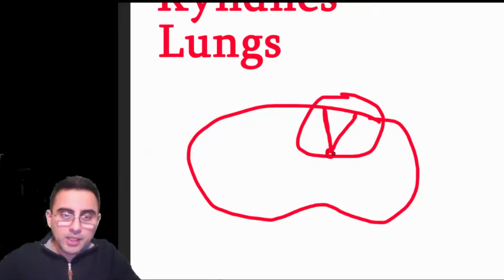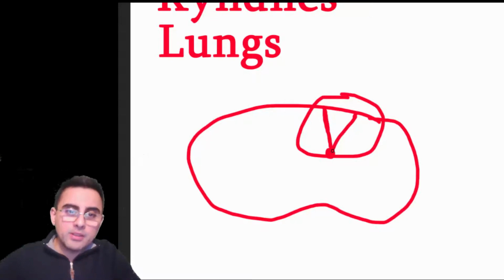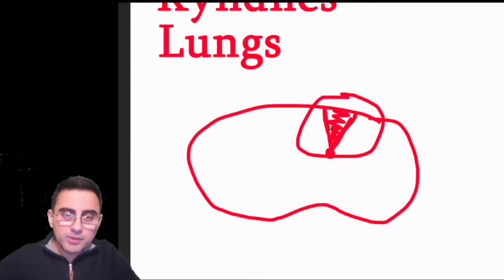Here will be emboli or thrombi, and this is the infarction site. Wedge shape, very important. The most common infarction looks wedge shaped.